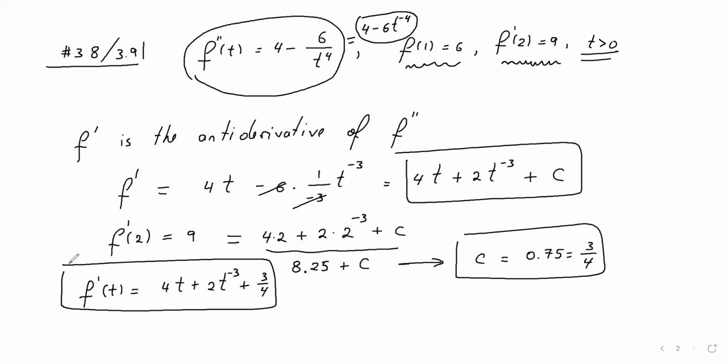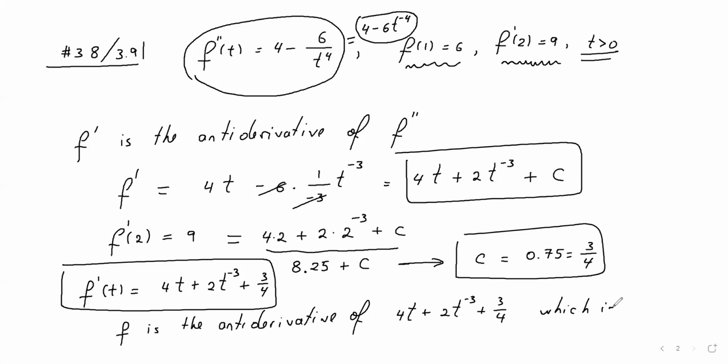Because at this point in time, I can do yet another antiderivative, and I can say that f is the antiderivative of 4t plus 2t to the negative 3 plus 3/4, which is 2t squared.